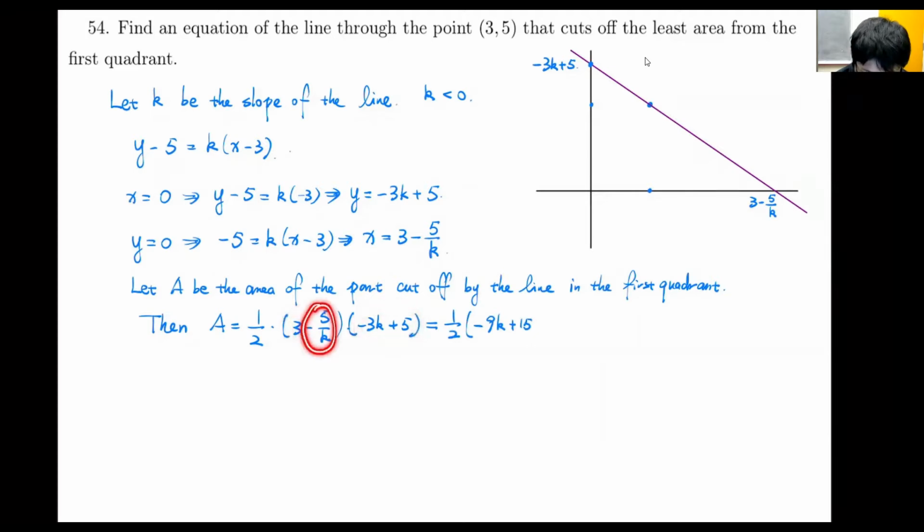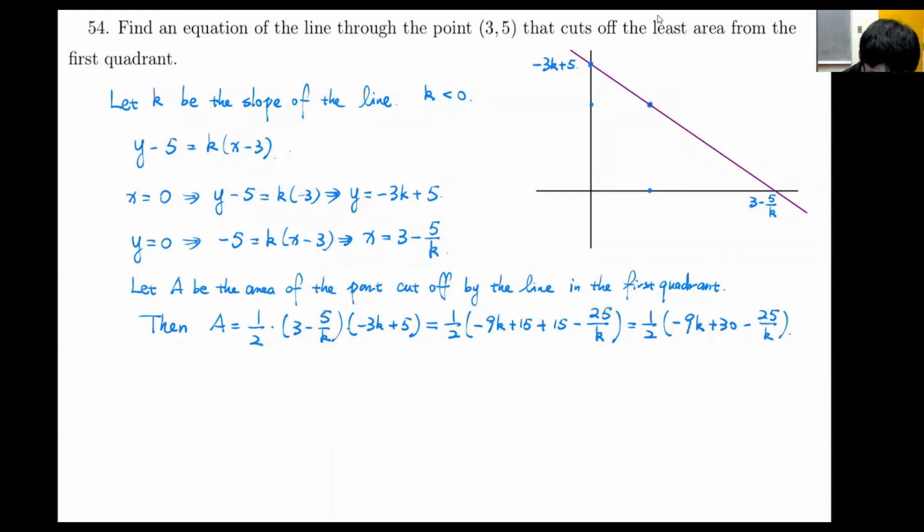Then I multiply minus 5 over k with the second factor, which gives plus 15 and then minus 25 divided by k. So the answer is 1/2 times minus 9k plus 30 minus 25 divided by k.